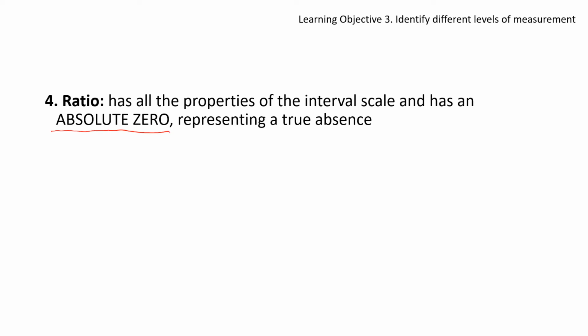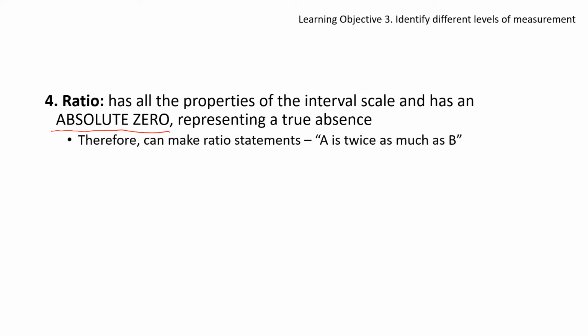With the ratio level of measurement, if you have a 0, that means that you have an absence of whatever it is you're measuring. And because of that, we can make ratio statements. We can say that something is twice. If we've got a 100 and a 200, we can say that 200 is twice as large as 100.